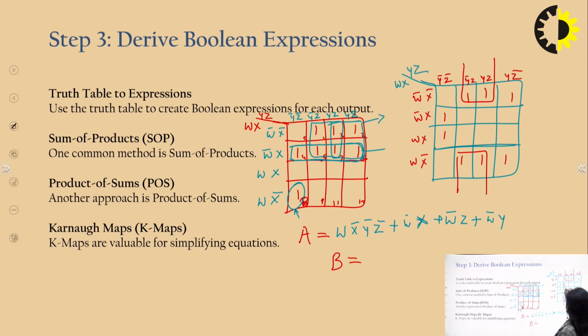So for this case, x bar is not changing and z is there. Now the second quad, for this case, again x bar is not changing and y is not changing. Now for this case it will be a pair. So here we can have x, y bar, z bar.